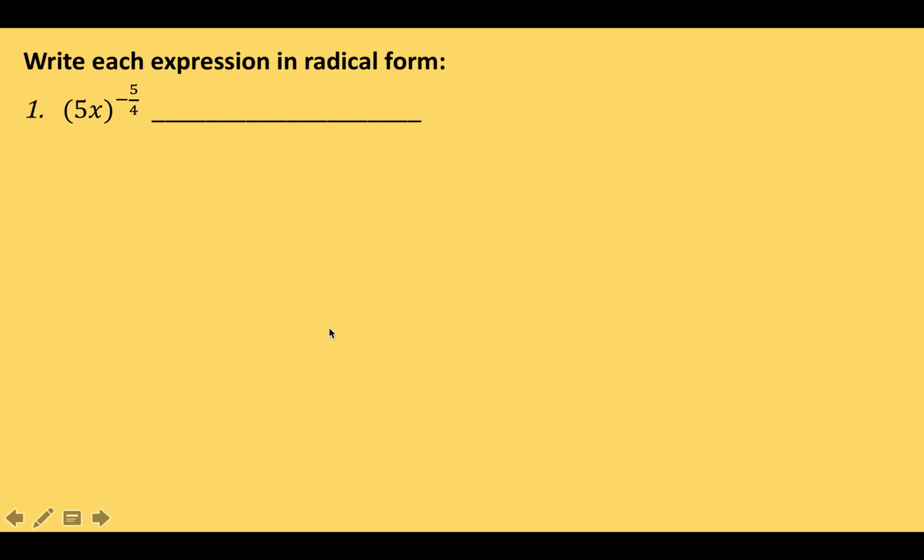Now in this example, we are trying to express in radical form. So we want to end up with our radical and however many roots we're taking. So we're going to distribute that negative 5 over 4 to each of our exponents. Because each of our exponents was negative, they came to the denominator.